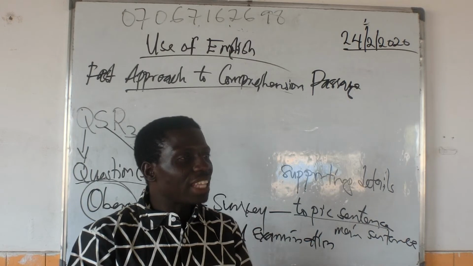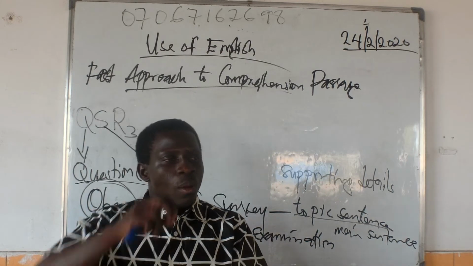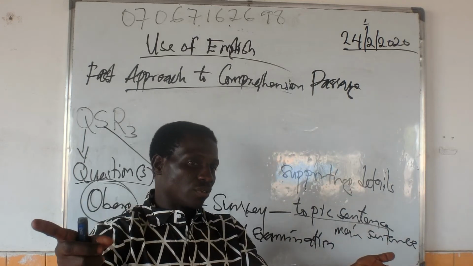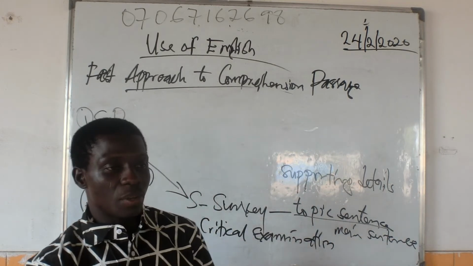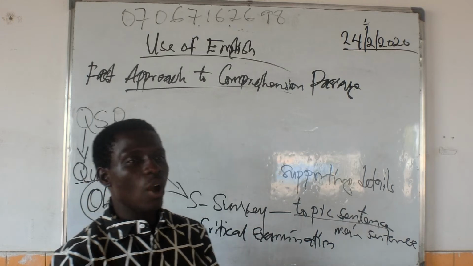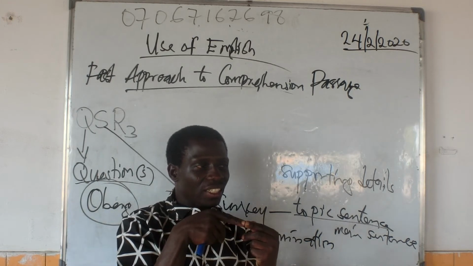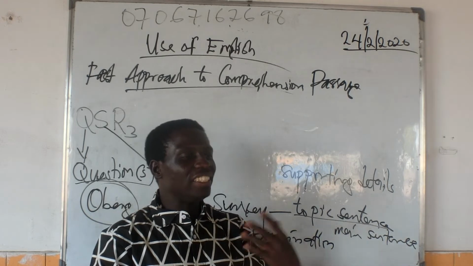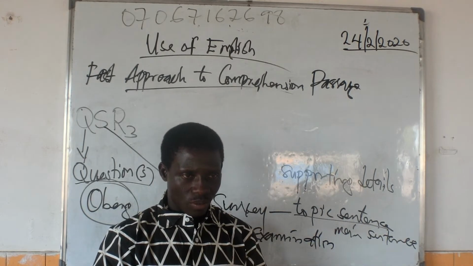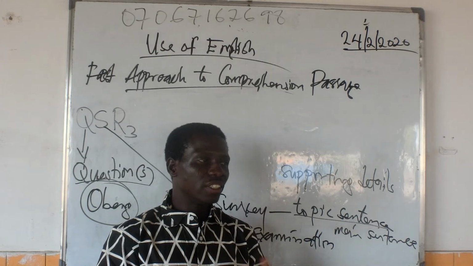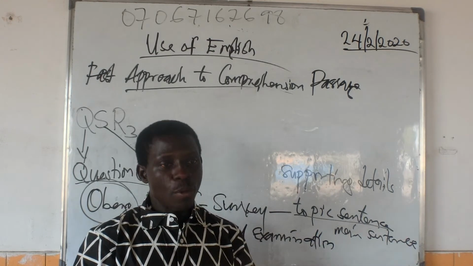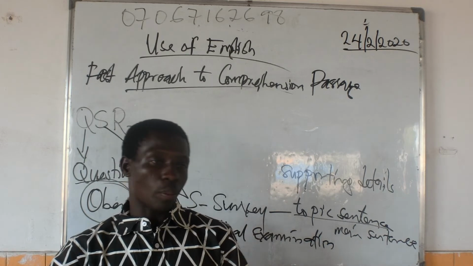So it means that most modern writers position their topic sentence as the first sentence in the paragraph or the last sentence in the paragraph. So the idea of hiding a topic sentence is the idea of classical writers who believe that readers have to sweat before identifying the topic sentence.